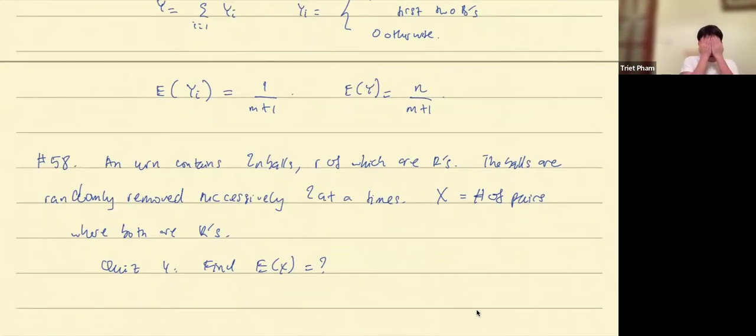And so, again, the key is about expressing X as a sum of random variables. What are they? And how can we find the expectation of the individual term?